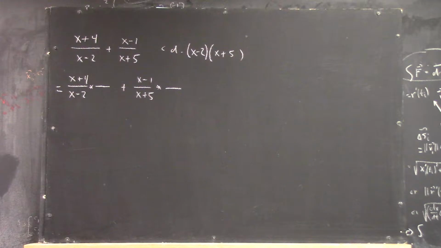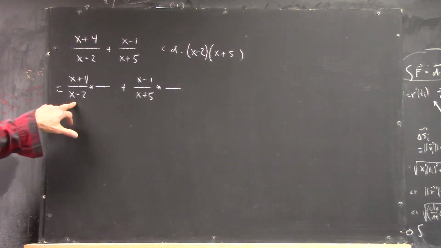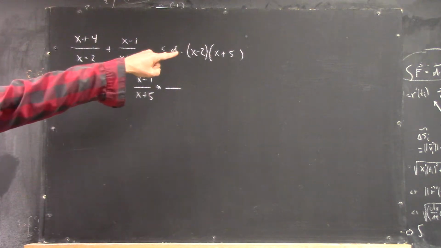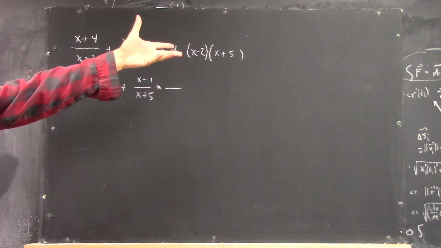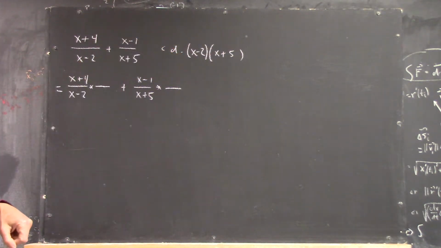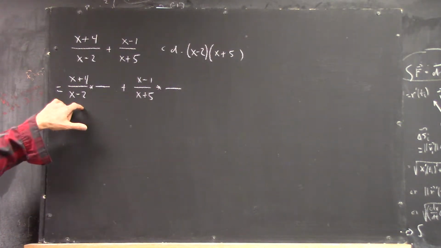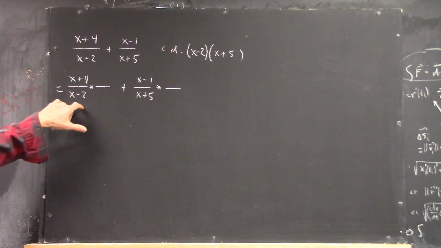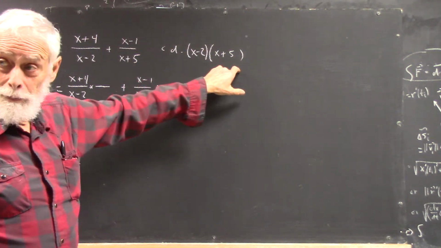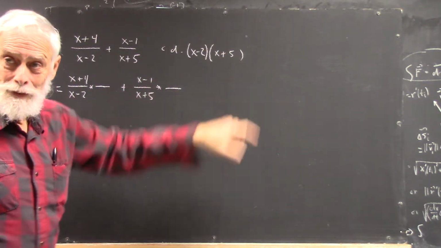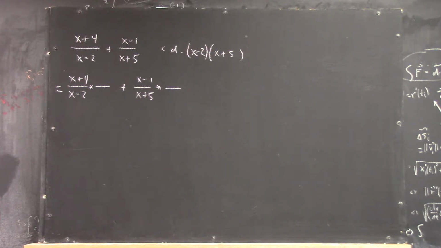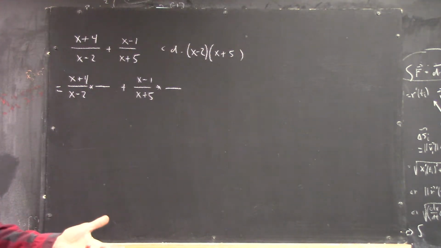But the rules are exactly the same. What do I have to multiply x minus 2 by to get this? I've got x minus 2, right? I want to get x minus 2 times x plus 5. So what did I better multiply x minus 2 by?